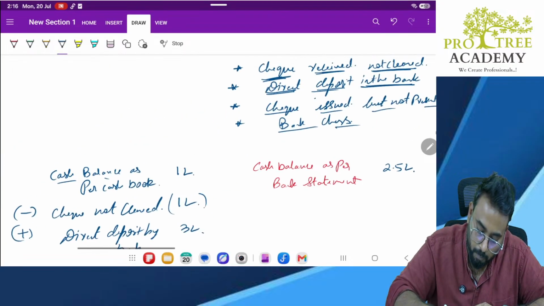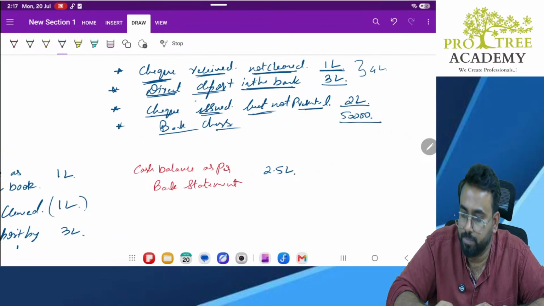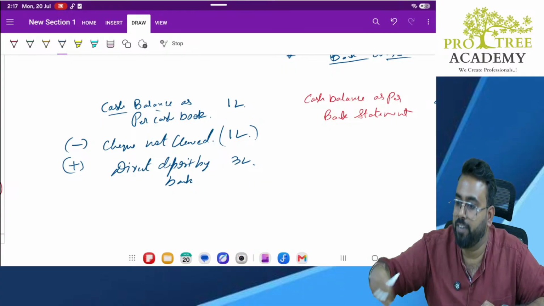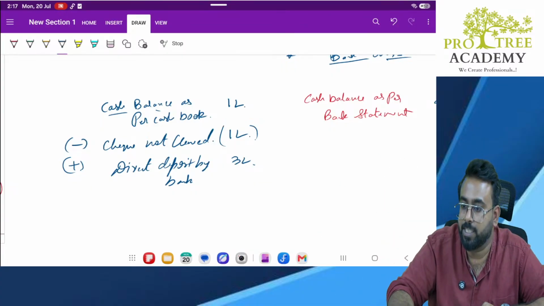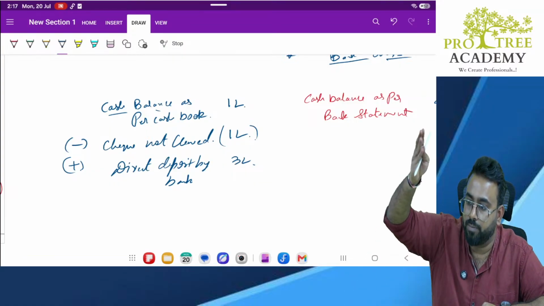Next. Check issued but not presented. That means we have already issued the check. The moment we issued the check, we record it in the cash book, but the same is not recorded in the bank. So when we issue the check, will our balance come down or go up? Come down.